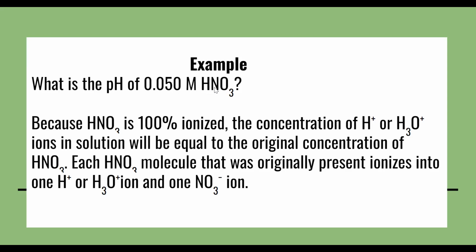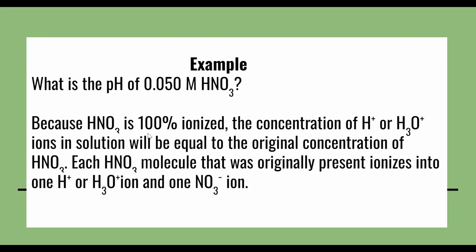Okay, so here, you have to understand this question. It's just the pH of 0.050 molar nitric acid. Because nitric acid is 100% ionized, the concentration of hydronium ion in solution will be equal to the original concentration of nitric acid.